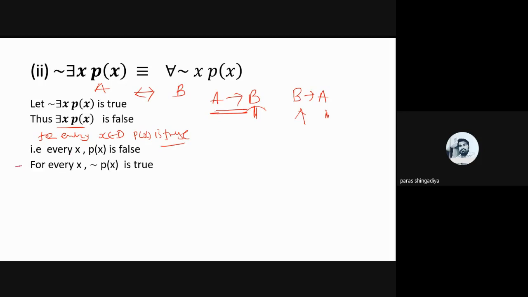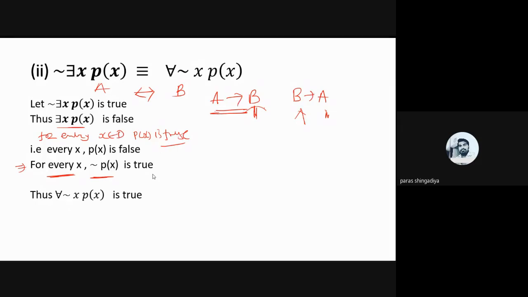So we can write this argument based on the previous one. It means for every x, P(x) is false. Therefore, for every x belongs to D, negation P(x) is true. And what is the meaning of that? For every value of the domain, negation P(x) is true. How can we write that symbolically?